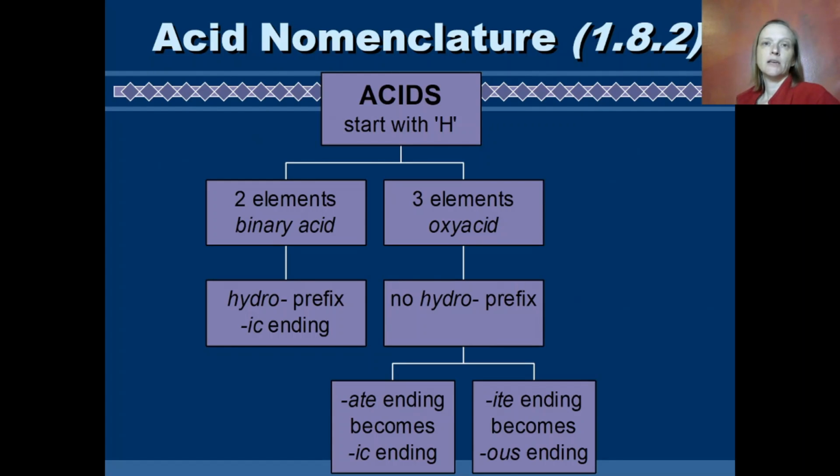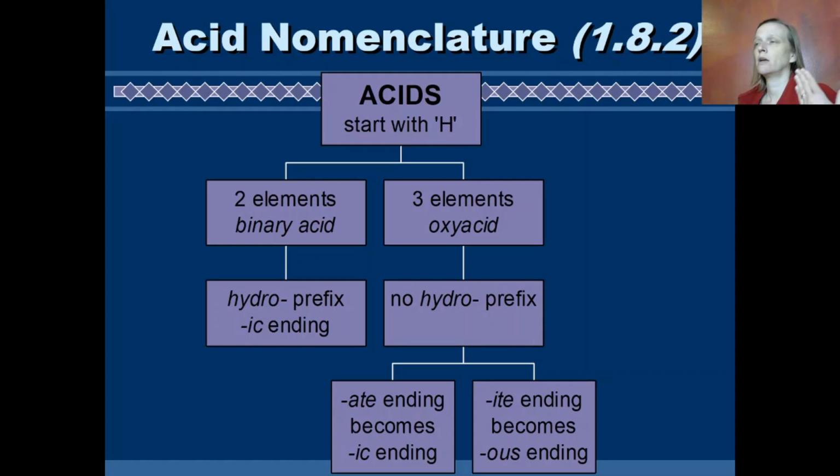I've been naming these acids and bases for you thus far, but you do need to be able to name and identify different acids. The bases we've actually already learned. The bases don't generally have any different naming system to them.